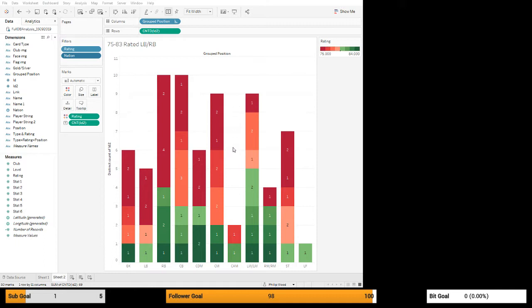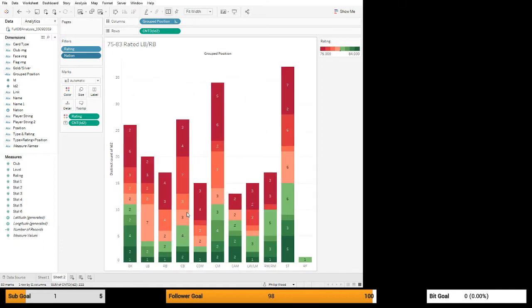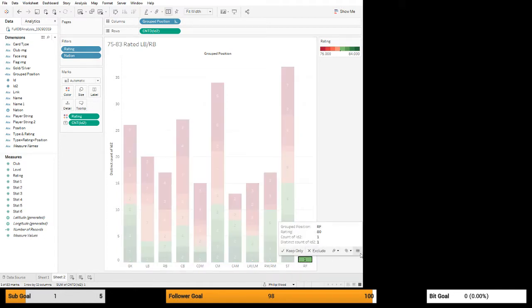Spain, let's have a look at Spain. I know for sure Spain have got quite a lot of options. Who's that? Right mid? Right forward? Delafeu. Interesting.